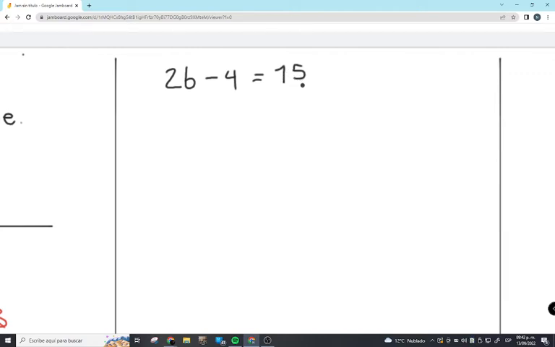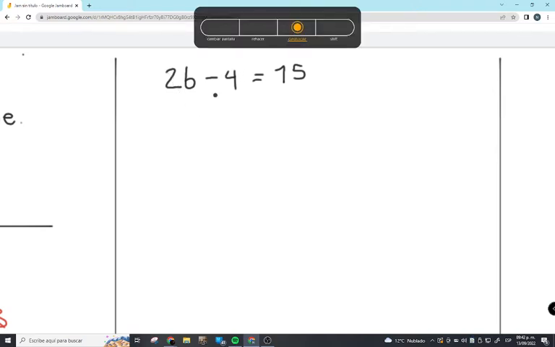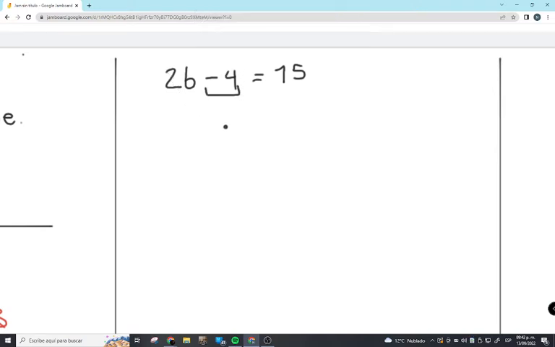I'm just making up the examples on the go. It doesn't matter, because they can be solved. So we need to get the b alone, leave the variable alone on this side, but we have to get rid of 2 numbers, this 2, which is multiplying, and this 4, which is a negative, so it's subtracting.